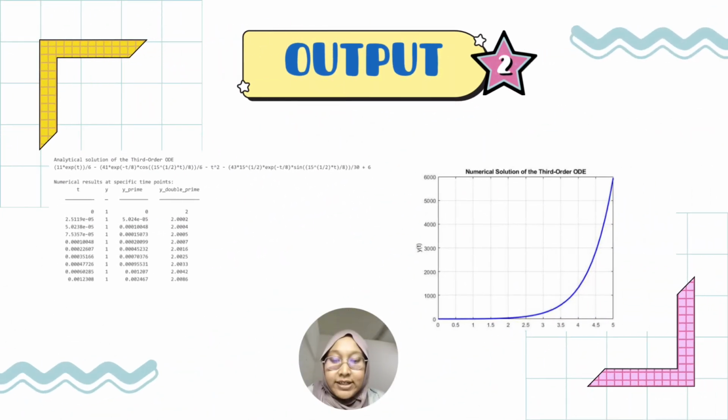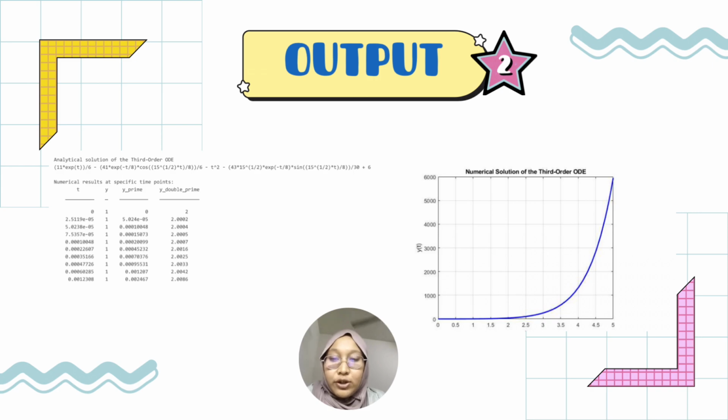Here, we can see the result of solving the third order differential equation. On the left side, we have the analytical solution displayed as an exact expression involving exponential and trigonometric functions. Below there is a numerical table showing the values of y(t), y'(t), and also y''(t) at specific time points.